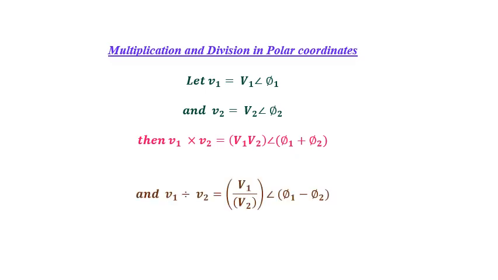And for the division of two phasors, divide the magnitudes, but in the case of phase angle you have to subtract, that is V1 divided by V2 will be equal to V1 by V2 angle phi 1 minus phi 2. So that is regarding the phasor representation of alternating quantities. Hope everyone is able to follow it. Thank you.